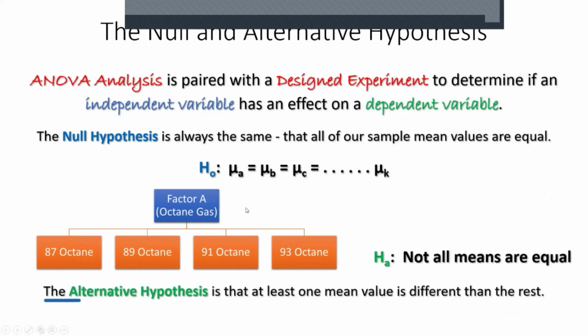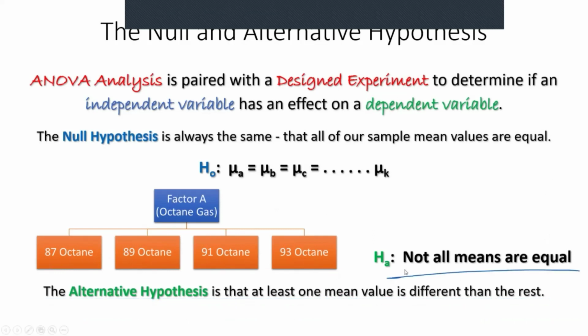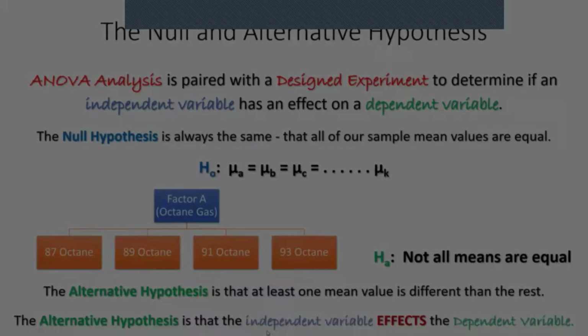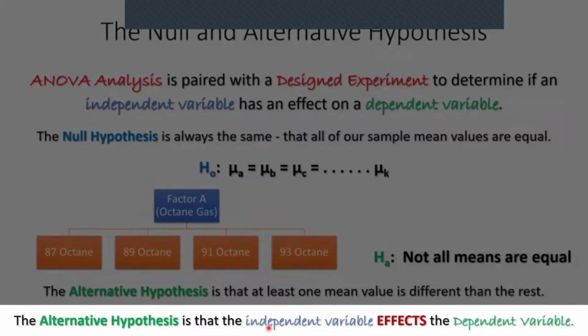The alternative hypothesis is that at least one mean value will be different than the rest. Now, that could mean maybe 1 level is different, or 2 levels are different, or maybe 3 levels are different. Essentially, not all mean values are equal. Now, the interpretation of the alternative hypothesis in terms of our DOE is that the independent variable does affect the dependent variable.